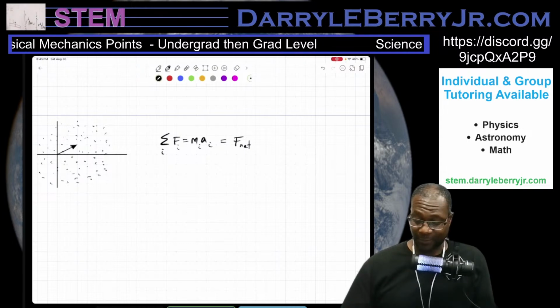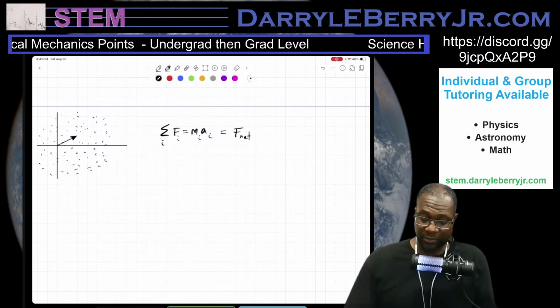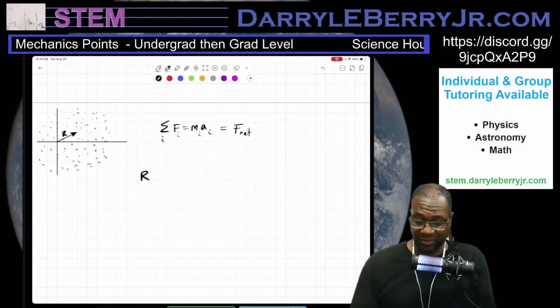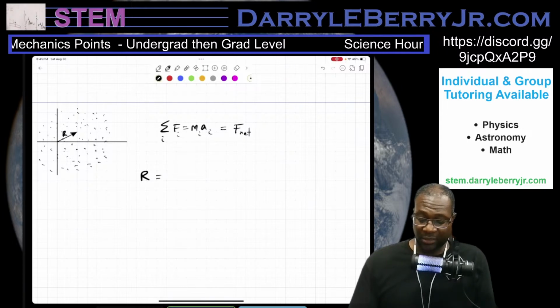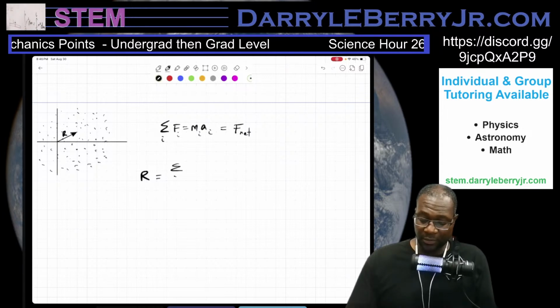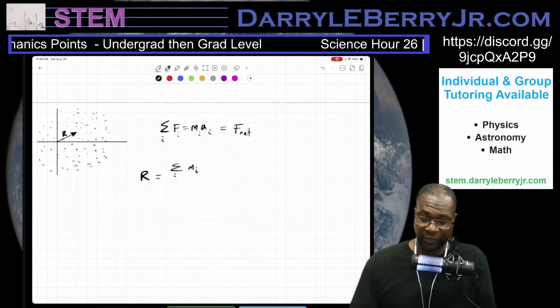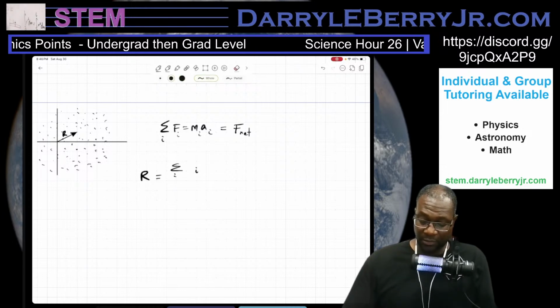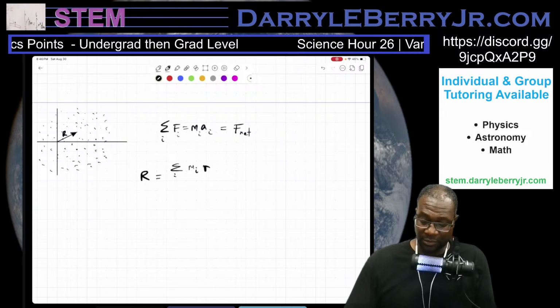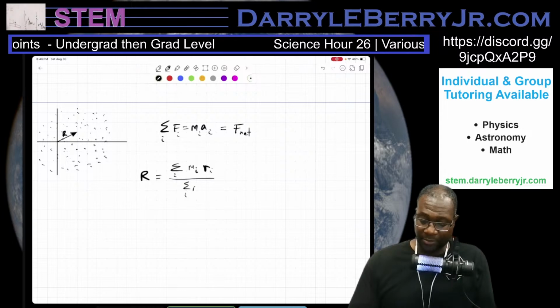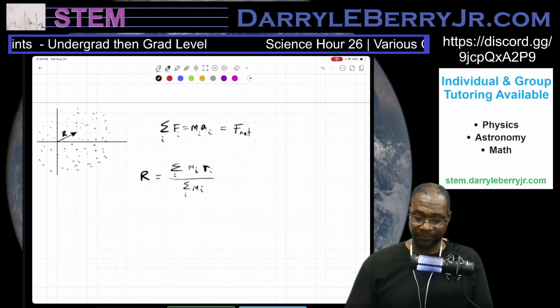So, for instance, we can create a new variable called R, which is the center of mass point. We sum the mass of each particle i times the position of each particle i, and divide by the mass of the entire system.